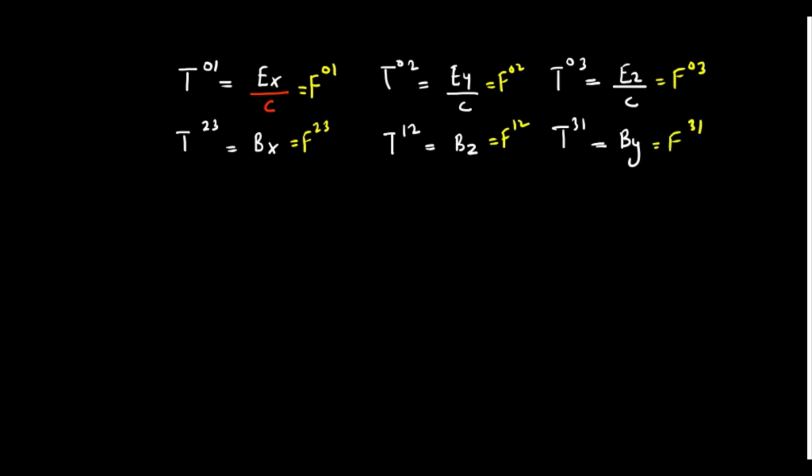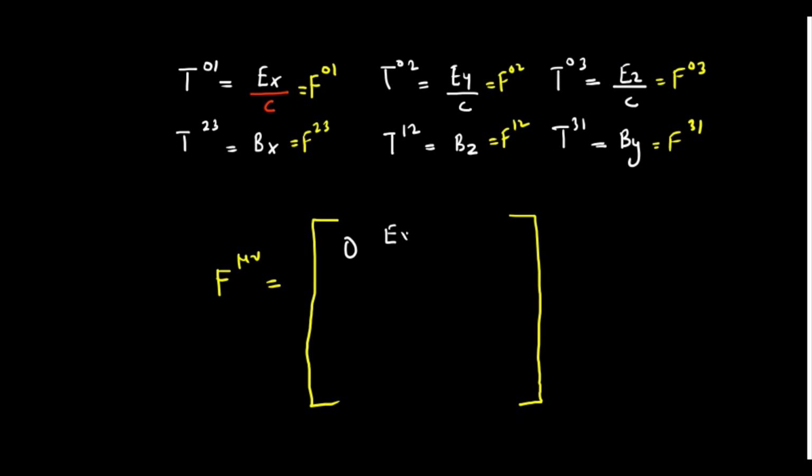Okay, ഇതെല്ലാം വെച്ചിട്ട് I am going to construct an f mu nu which is equal to, this is our field tensor. Of course, I can immediately write all the diagonal elements as 0. Okay, this is 0. The first element is ex by c, second element is ey by c, then you have ez by c.